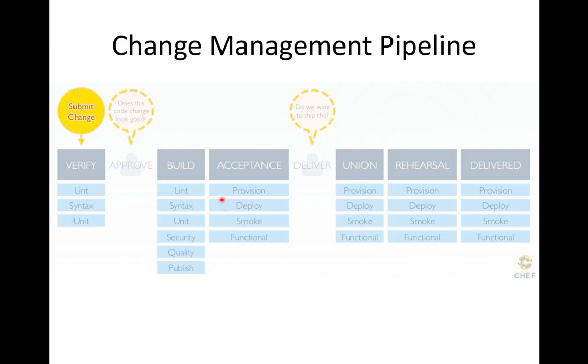There could be an acceptance testing phase where a series of smoke tests or functional tests are performed. And then, ultimately it's going to go through other testing stages where provisioning tests and staging tests are performed. So we can manage our infrastructure code the same way we manage our application code.